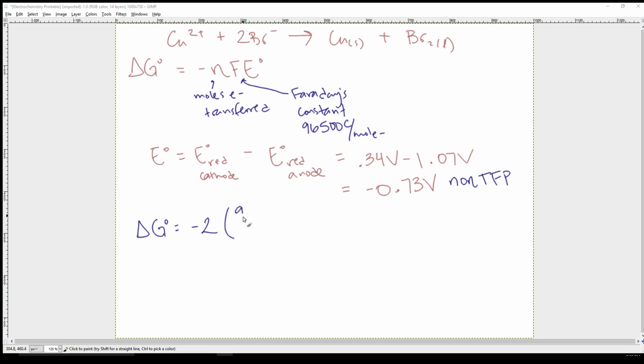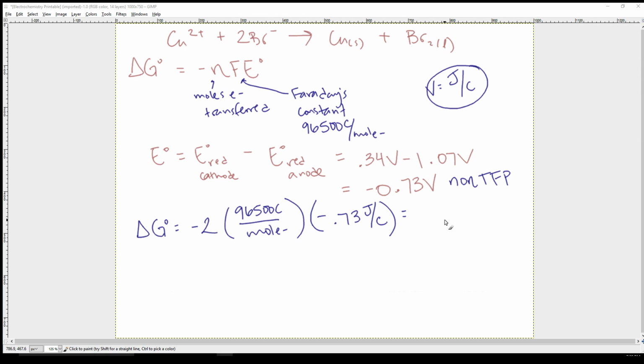Okay, Faraday's 96,500 coulombs per mole of electrons, times this number I just got, negative 0.73 volts. Okay, you know what? Let's back up. What's another way to express volts? What are volts? What per what? Joules per coulomb. So I'm going to put that here because that's going to help me figure out what the units of G are.